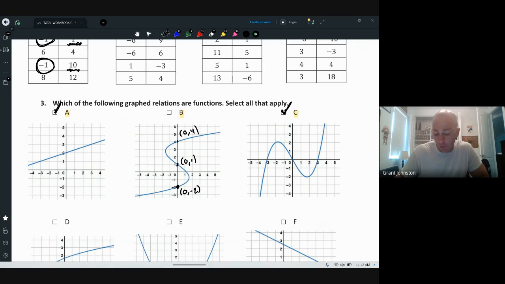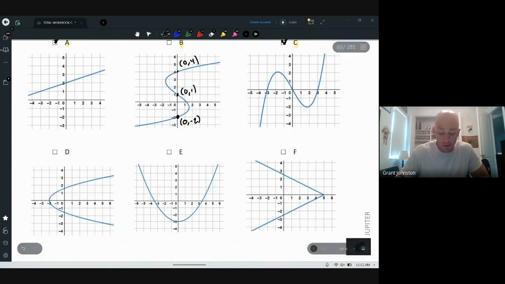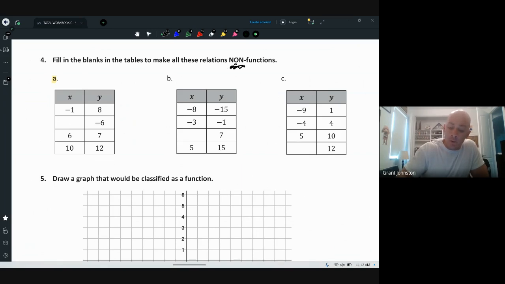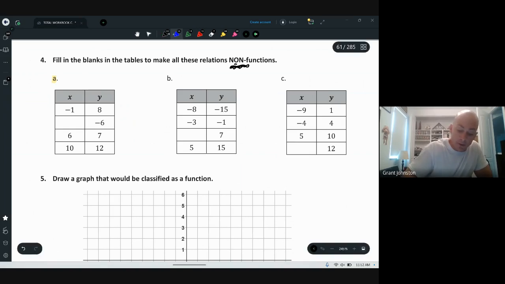Okay, so I'll let you do D, E, and F to determine if those are functions. And then I'm going to do one of these tables, filling in the blanks to make all these relations non-functions. What would make it not a function? On all these tables, you actually have multiple options. I could put -1, because we'd have 2 outputs for -1.